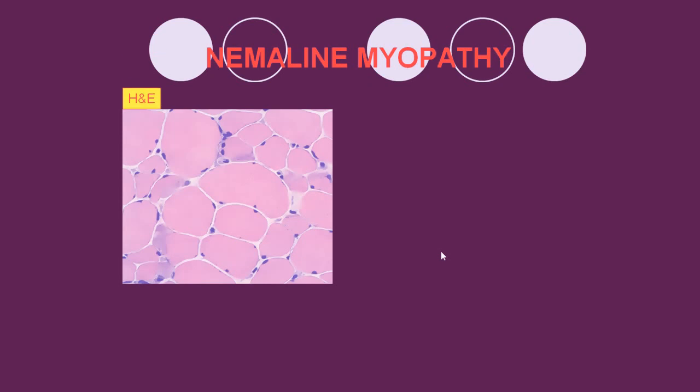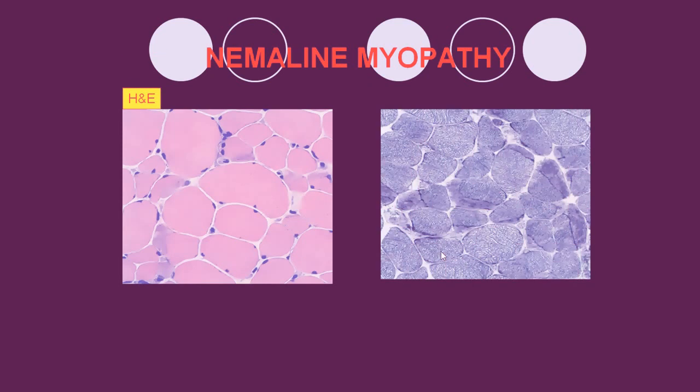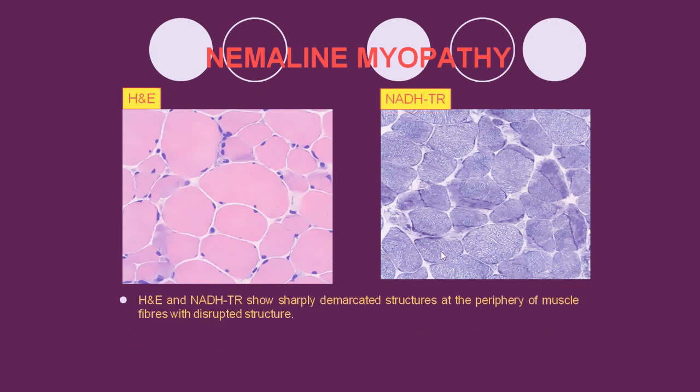This is H&E, and this is NADH-TR. H&E and NADH-TR show sharply demarcated structure at the periphery of muscle fibers with disrupted structure.